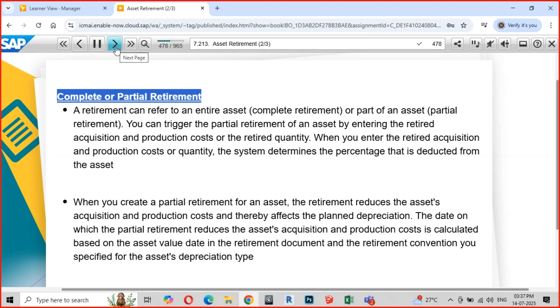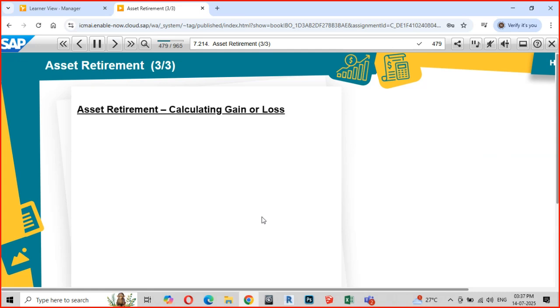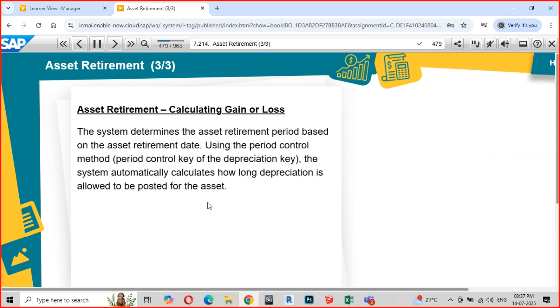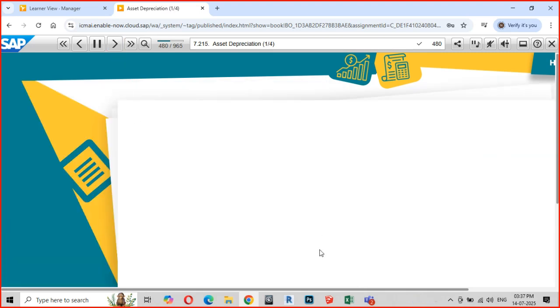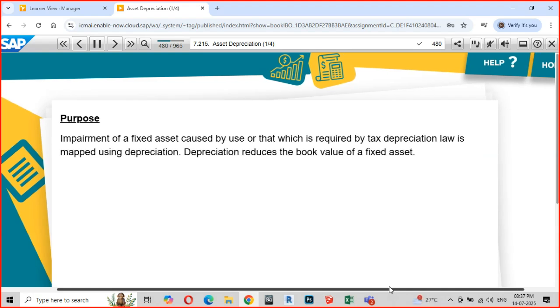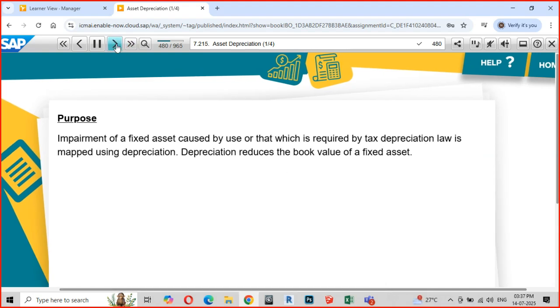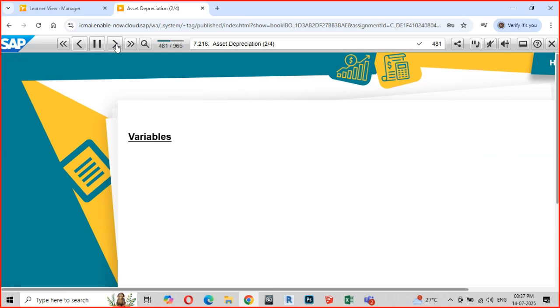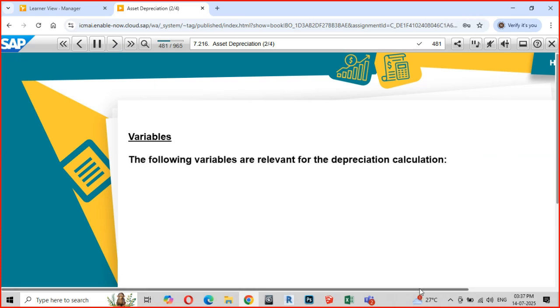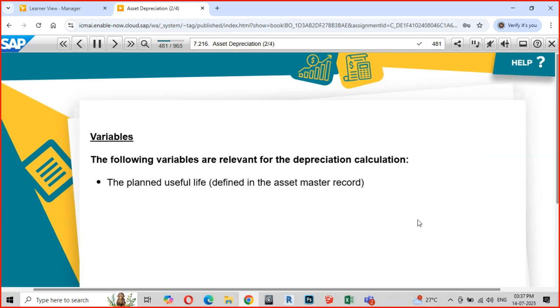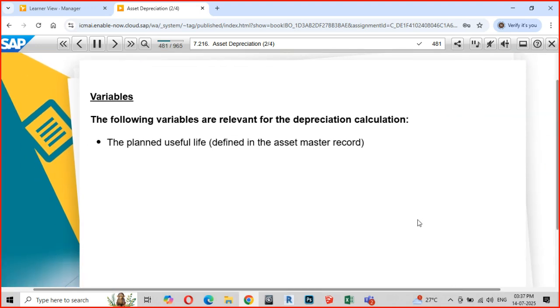Complete or partial retirement. Okay. So the loss or profit on the asset transactions. Read them through. I'm just browsing this study content to see if there is any new term which has to be informed or which should be explained.